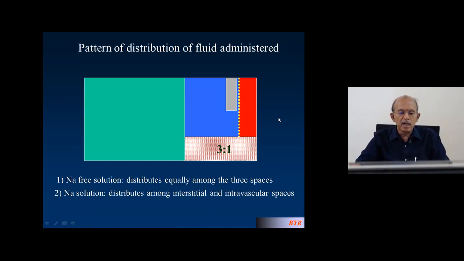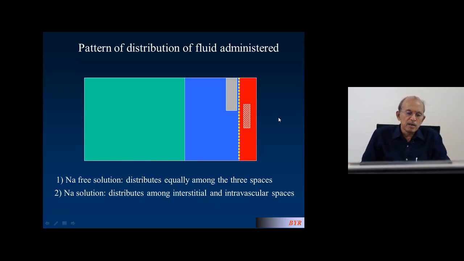Then we will take another type of fluid, that is a colloid whose molecular weight is more than 60,000. You tell me what will happen. You have administered colloid into the intravascular space.